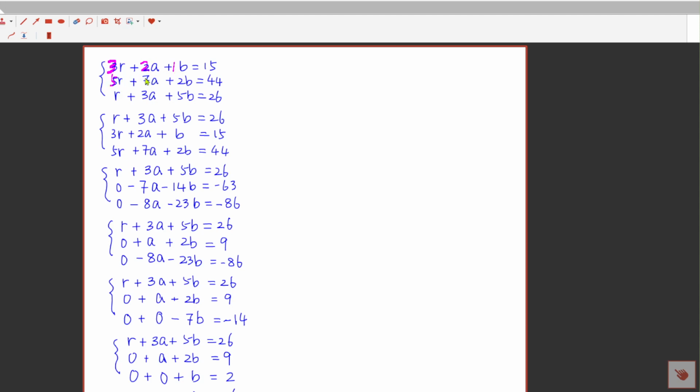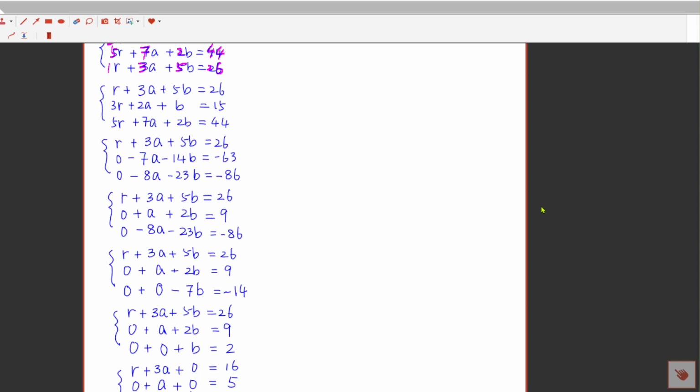So in the first system, we have 3, 2, 1, and 15, right? And then 5, 7, 2, and 44. Then for the third equation, we have 1, 3, 5, and 26. Then after the first step, we have 1, 3, 5, 26. Then 3, 2, 1, and 15, right? And then 5, 7, 2, 44.